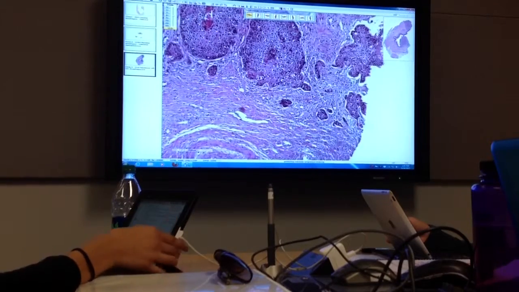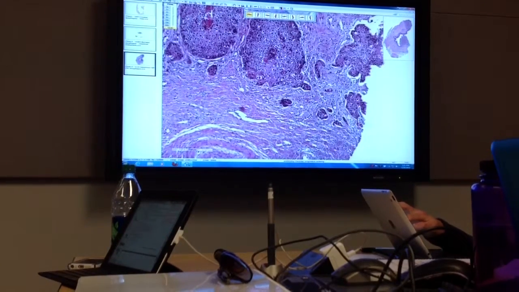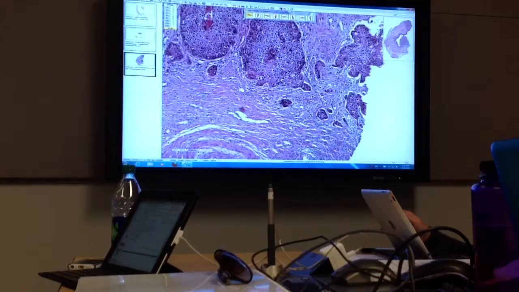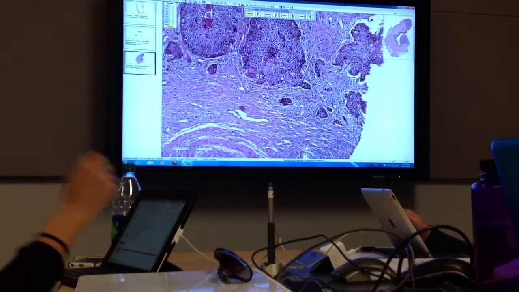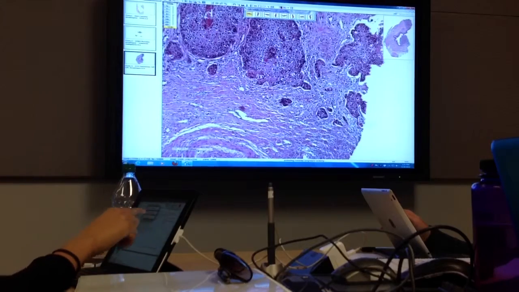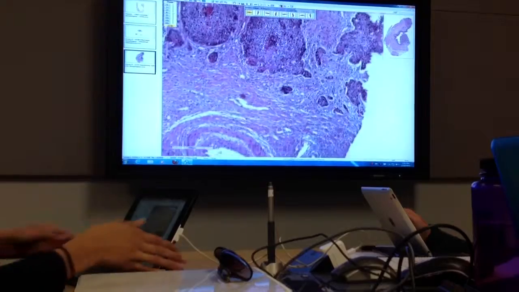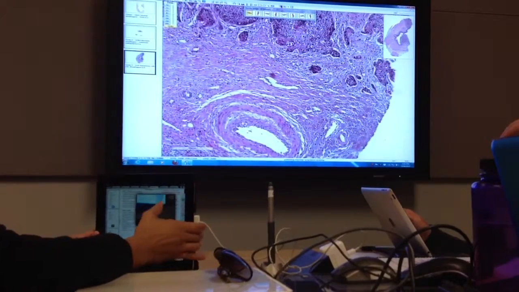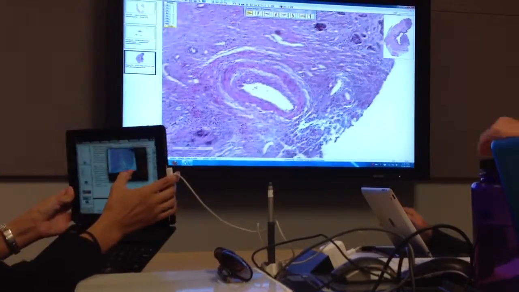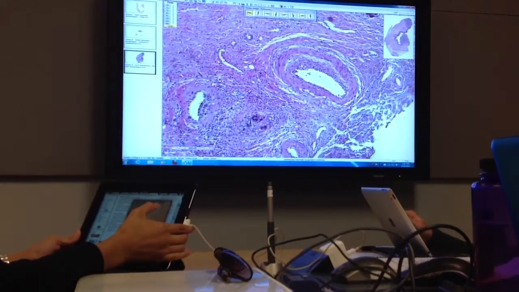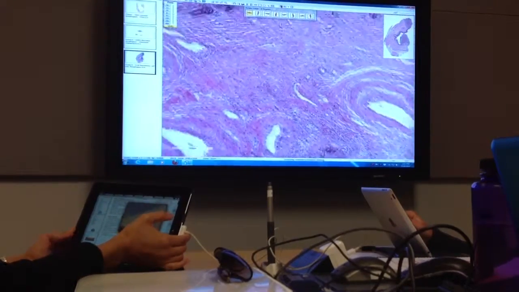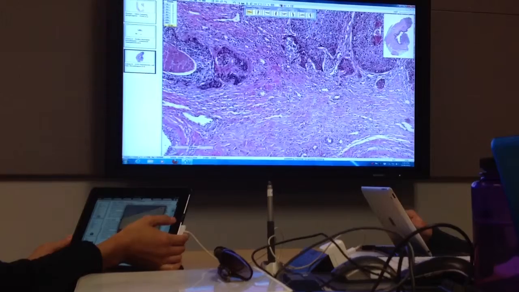So when you see these little tiny balls in these little spaces, this is suspicious for lymphatic invasion. Sometimes you can see flattened endothelial cells of the lymphatics, and that helps you. Sometimes you can do a special immunostain to highlight those cells and make certain once and for all. That's suspicious for sure.